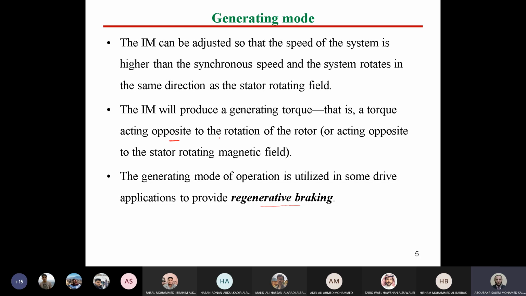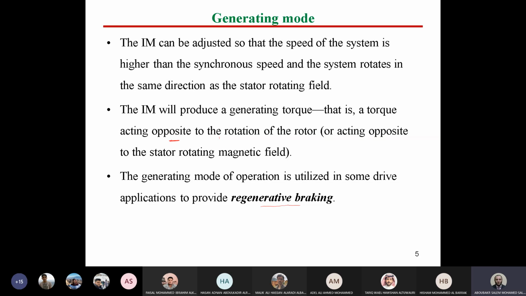But when you are going downhill on a ramp, do you need to deliver energy or to consume energy to drive your motor? No. Exactly. So we can get the benefits of this machine, if it is an electric motor, by reversing the power again to the machine.